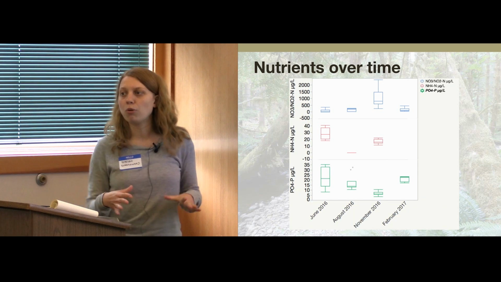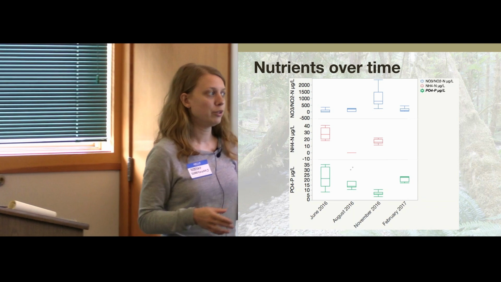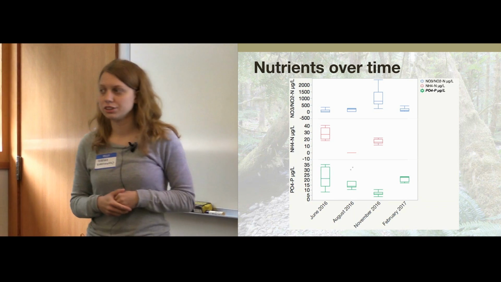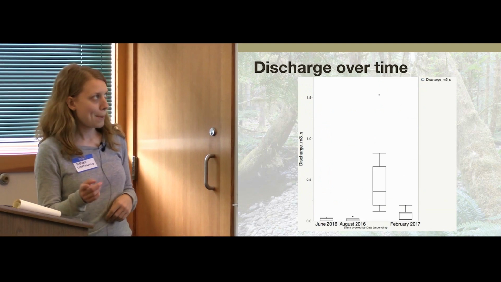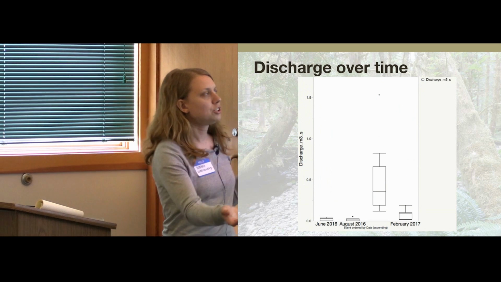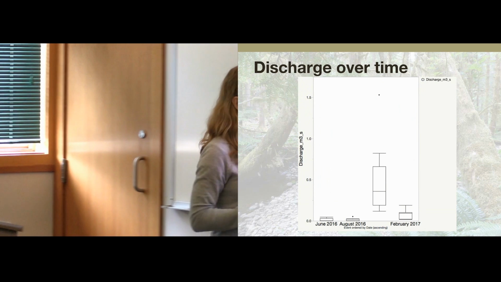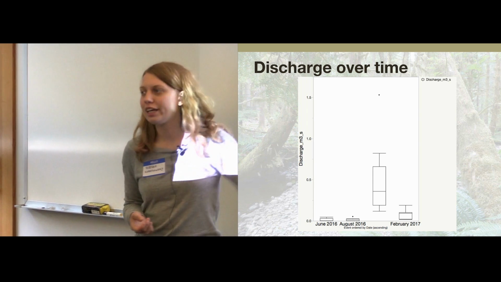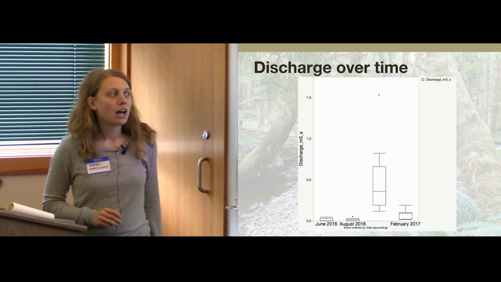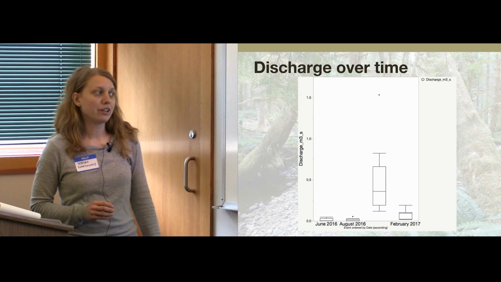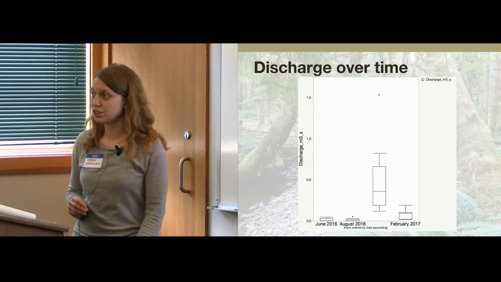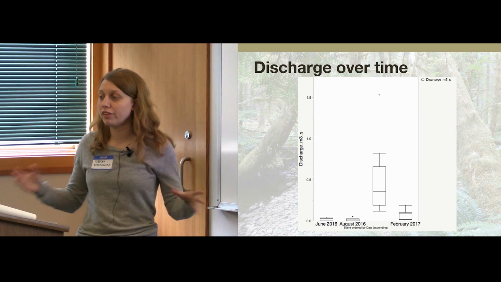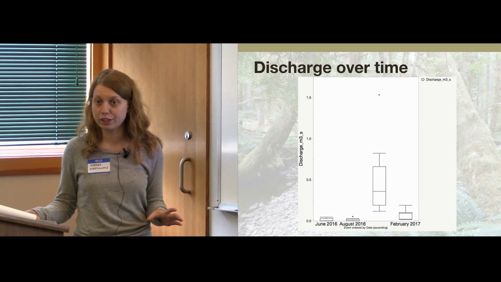And so as more water is being added into the stream, we're seeing a lower and lower concentration of phosphate. And so just to show you, discharge over time has very low variability among sites in all of the sampling events aside from November. So as we see those high flows, that's when the variability in those streams really comes into play.